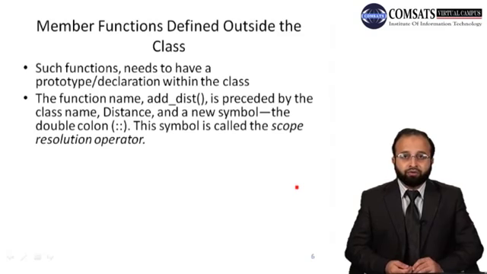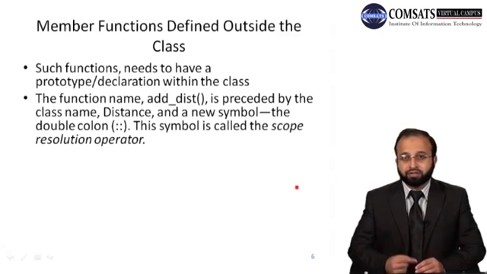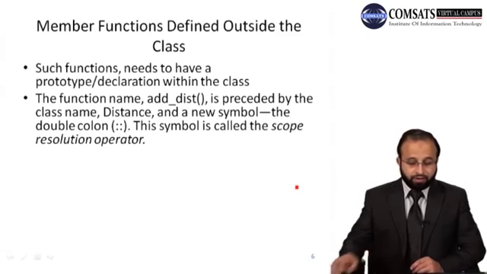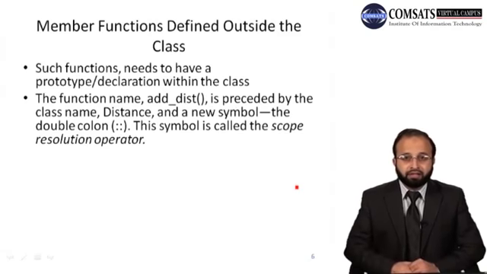Then if you are going to write the definition outside of these classes, you have to tell which class that particular add distance function belongs to: either the distance class, or the distance1 class, or the distance2 class. So you have to tell this with the class name and the scope resolution operator, that is the double colon sign, right?